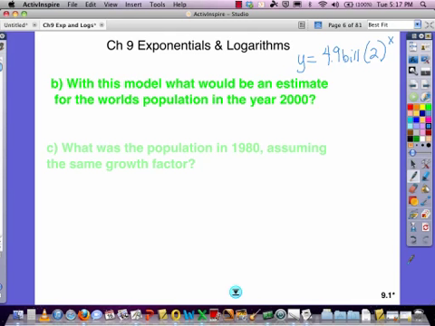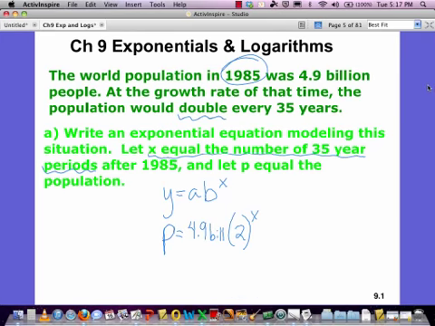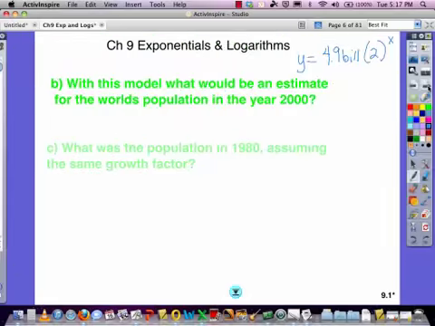Well, 1985, if you go back, just to show you, that's what it said. So there, in the year 1985. So in reference to 1985, what we're looking for now is the year 2000, and that's only a difference of 15 years. And they said this would be a 35-year period.